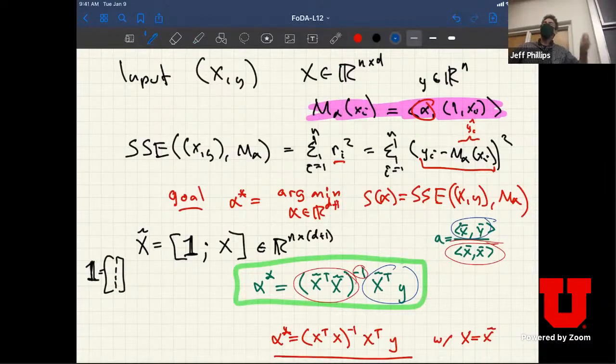Okay, and this is kind of a closed form solution as well. The reason it's not in completely closed form is that you can type it into Python and it will just call the functions that compute these things. But this matrix inverse is a little bit of a tricky operation.